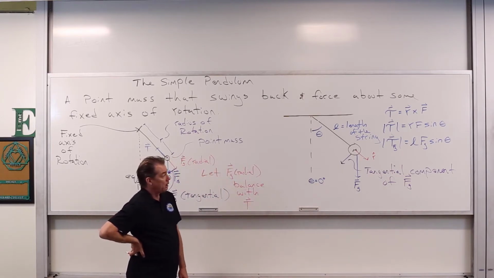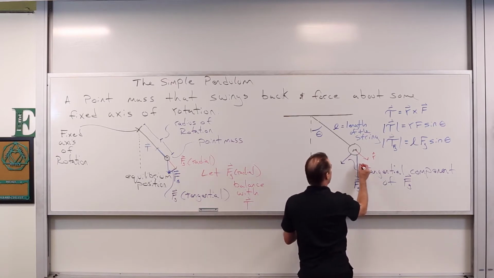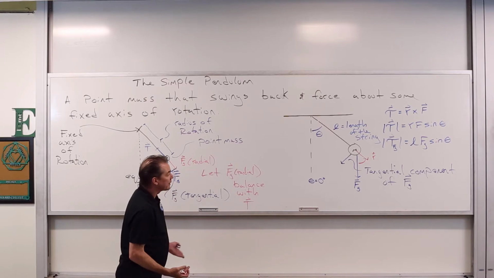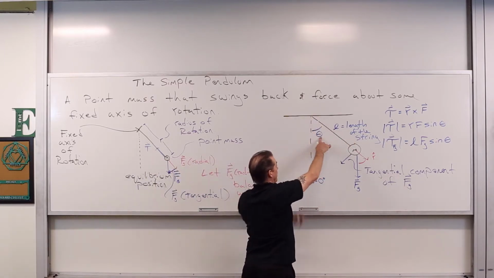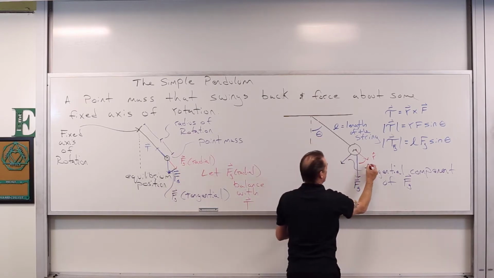All right? So what is the angle between r hat and F sub g hat? We have this. That's the angle between them. Well, if we look at this, straight down and along the string, we've already called this theta up here. That's the same angle right here.